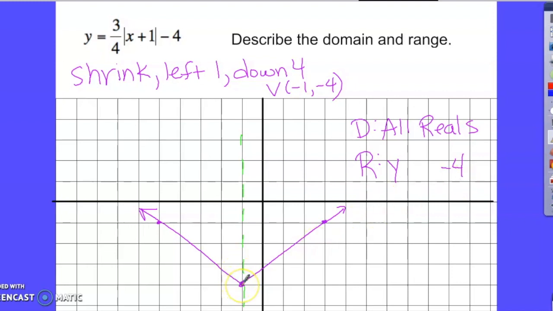If we look at our vertex, are the points above that or below it? In this case, they would be above it, so it should be greater than or equal to -4. We also know that it's going to be greater than or equal to because did we do a reflection? We did not, therefore, it is going to be greater than or equal to. Less than or equal to only comes from when you have a reflection.